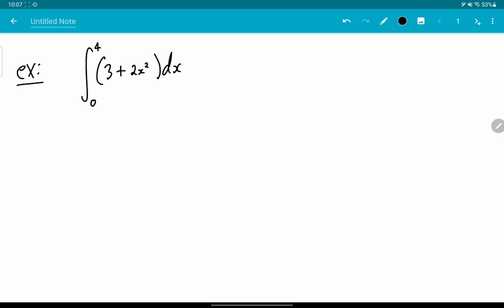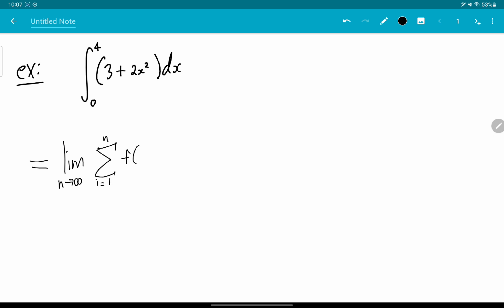Let's do a Riemann sum, I say. Using the definition of the definite integral, what do we get? Well, we have a limit as n goes to infinity, and then we have a sum, i from 1 to n.